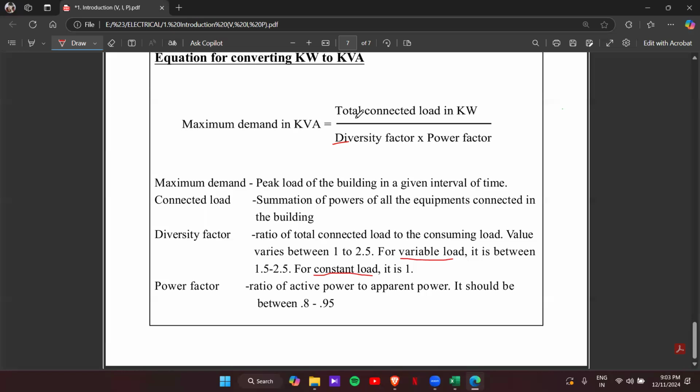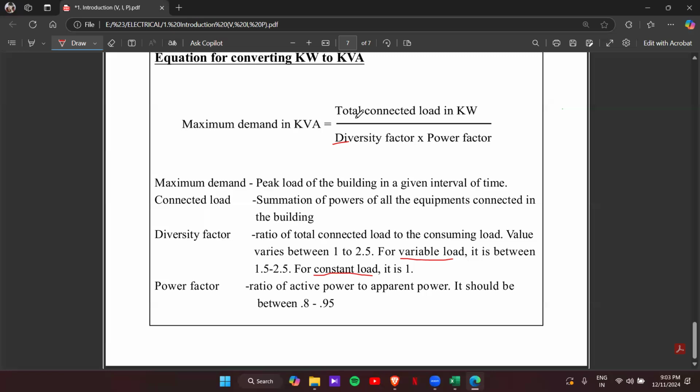In the morning it will be 2 kilowatt, at noon 5 kilowatt, at night 1 or 2 kilowatt. So the load is varying, it's not constant. The load will always vary from time to time. That's why commercial projects, not every commercial project, like office spaces, will be considered under variable load condition. So residential, commercial, and office space will be under variable load.